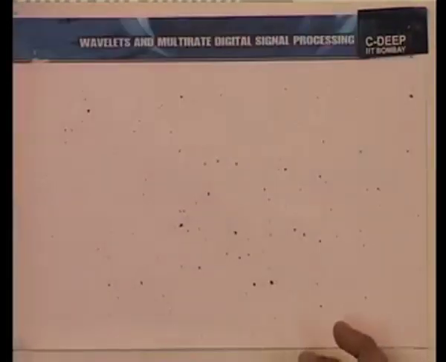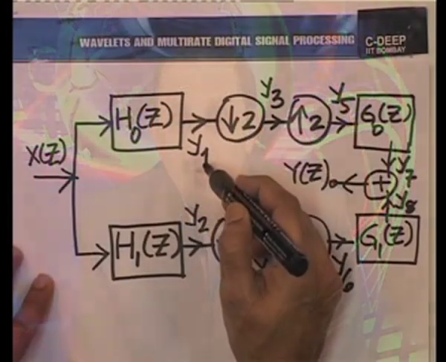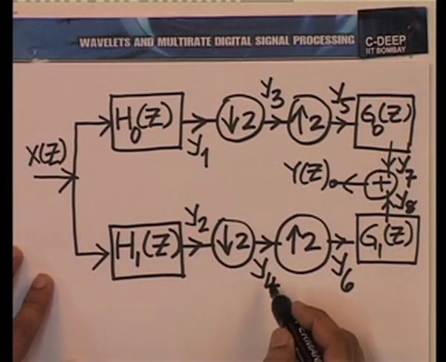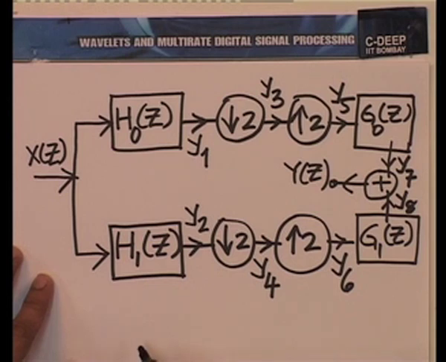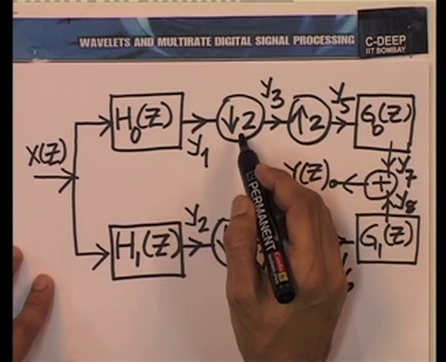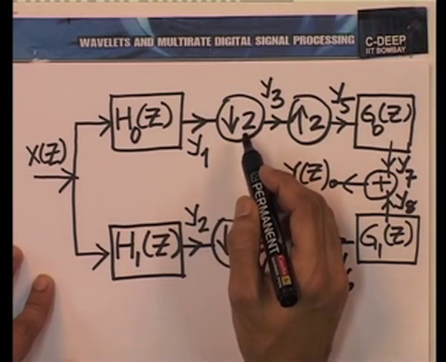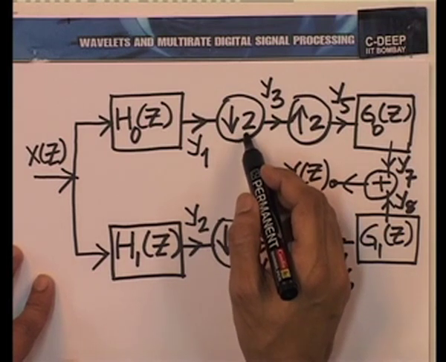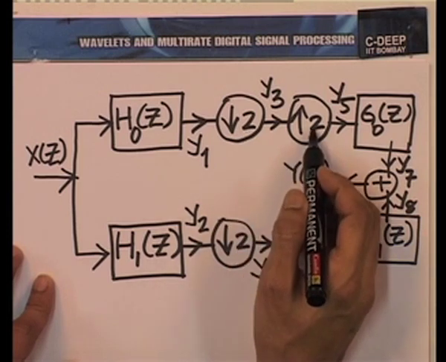Now, we have before us the relationship that emerges between y3 and y1, and similarly between y4 and y2. As I said, downsampling by 2 is equivalent to a modulation and then an inverse upsampling by 2.